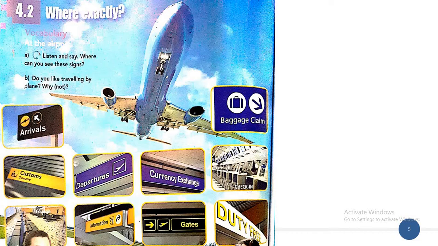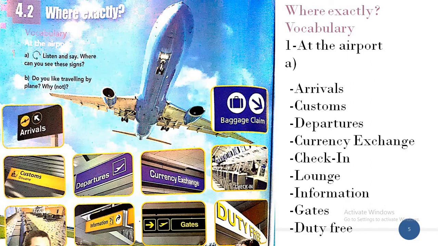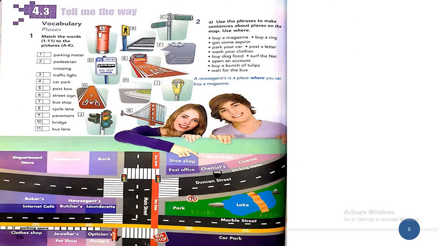Let me remind you with the words we have studied: arrivals, customs, departures, currency exchange, check-in, lounge, information, gates, and duty-free. So, all these words are related to the airport. And now, let's move to our new lesson, which is Tell Me the Way.